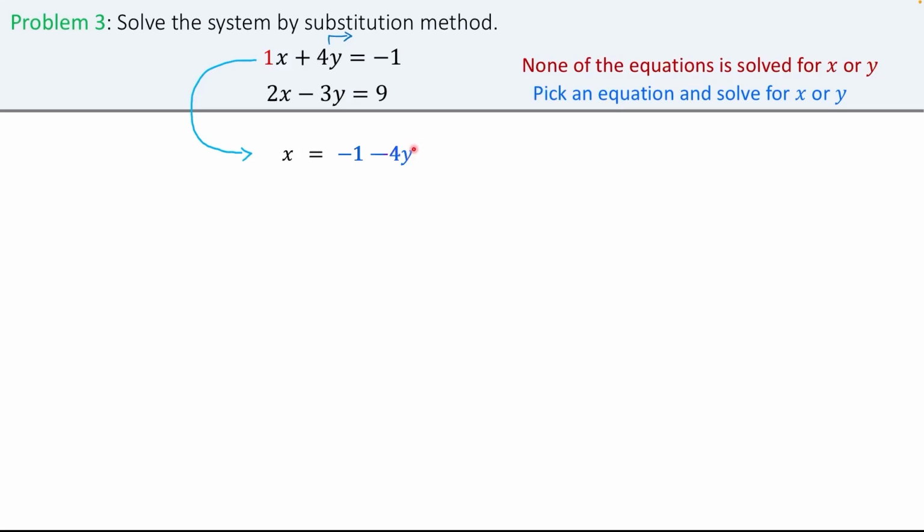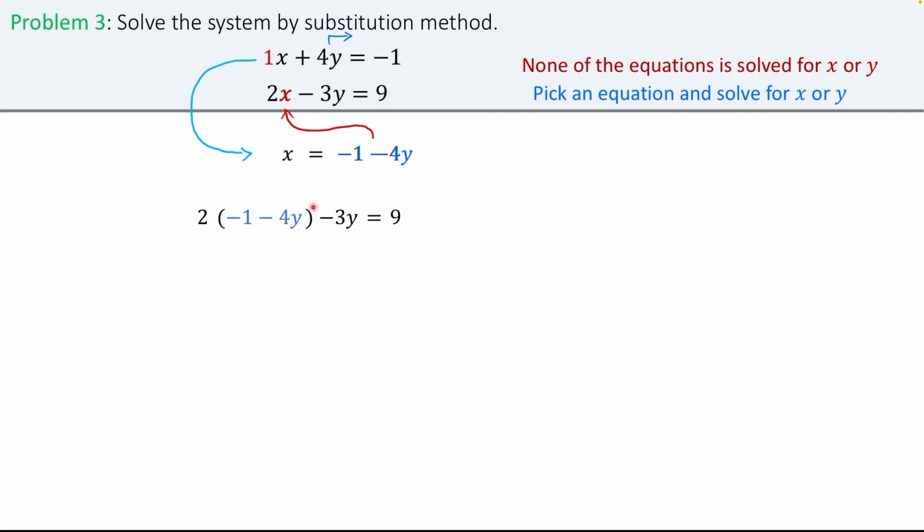Next, you need to substitute -1 minus 4y for the x in the second equation. You will get 2 times (-1 minus 4y) minus 3y is equal to 9.